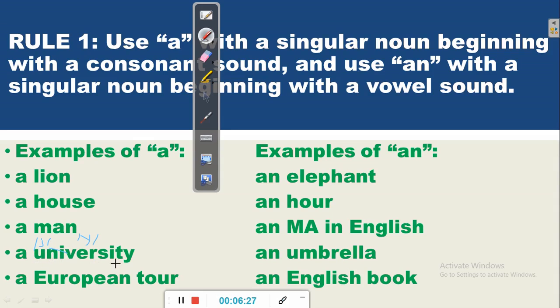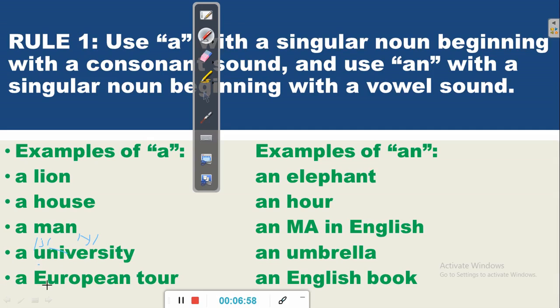A university. All right. So because this is a consonant sound, even though this is a vowel letter, that is why we have the article a coming before it. So it is not an university, it is a university, or a university student, or a university dorm.